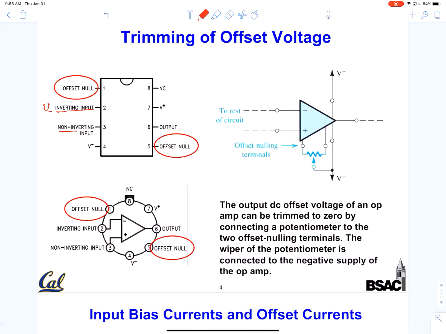There's a non-inverting input, so this is V plus. And there is the output voltage here. Okay, this V plus is a power supply voltage. They typically need two power supply voltages. These are the most positive power supply voltage, and this is the most negative power supply voltage, okay?